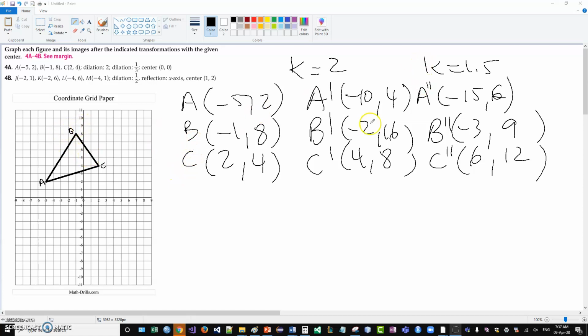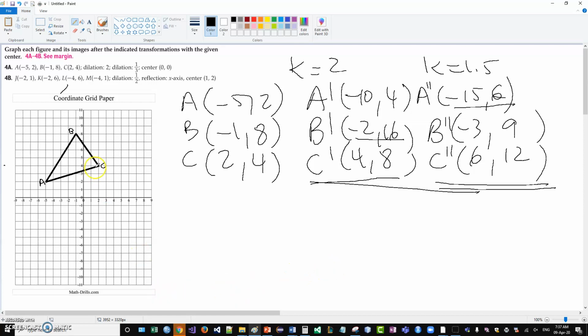For these points, some of the numbers are just too big, so they're not going to fit on this graph paper, but you get the idea. Just plot these points on the graph, wherever they are, and then connect them to get the first dilated triangle and then the second dilated triangle.